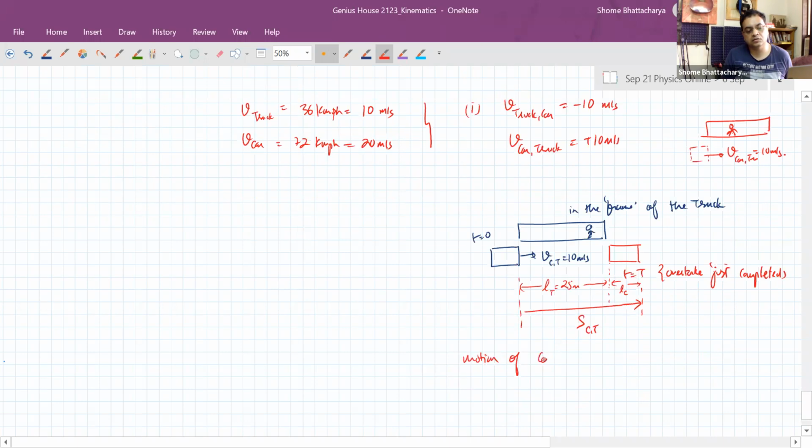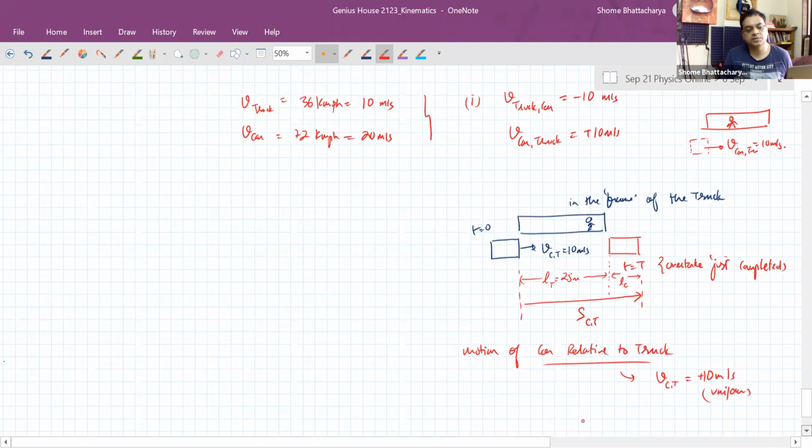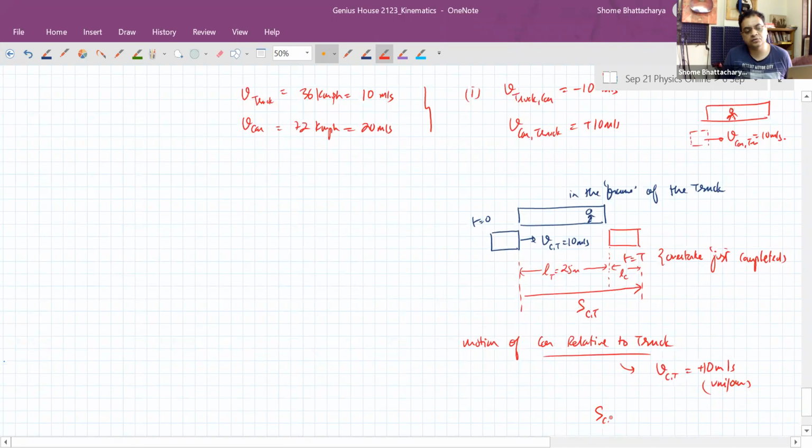So the motion of the car relative to the truck is a uniform velocity. So the displacement of the car with respect to the truck is that uniform velocity into time.